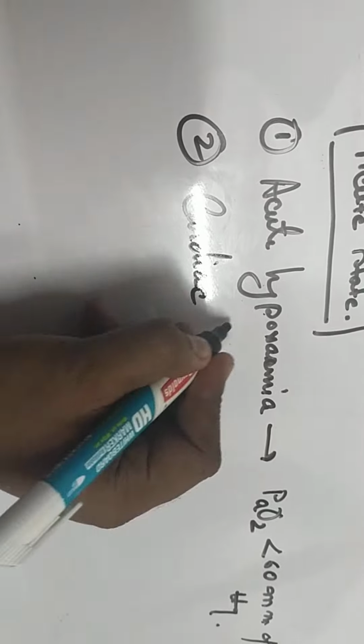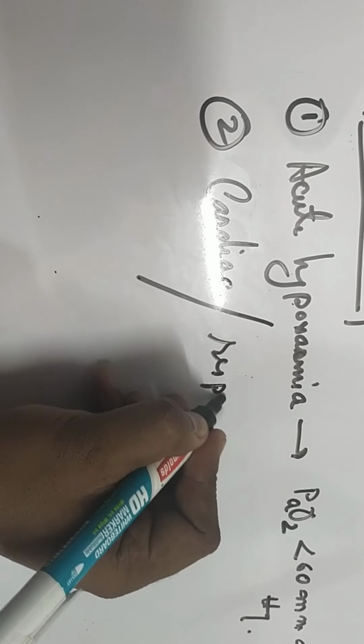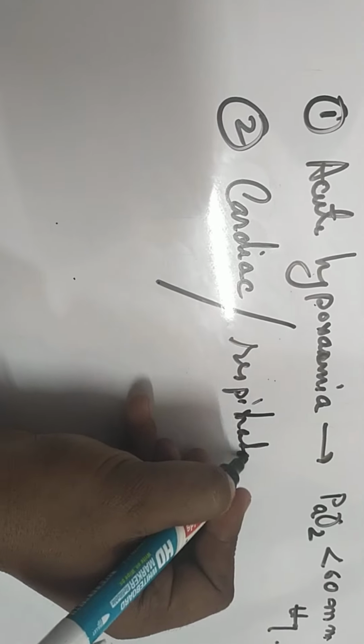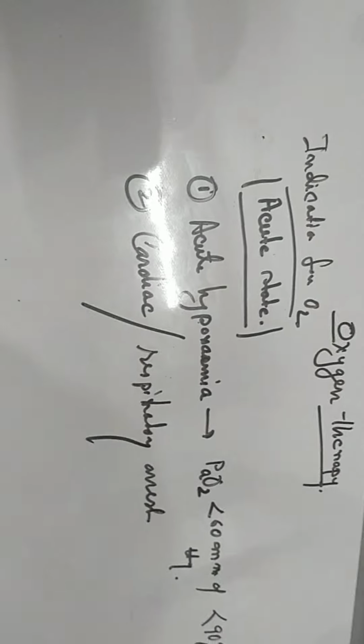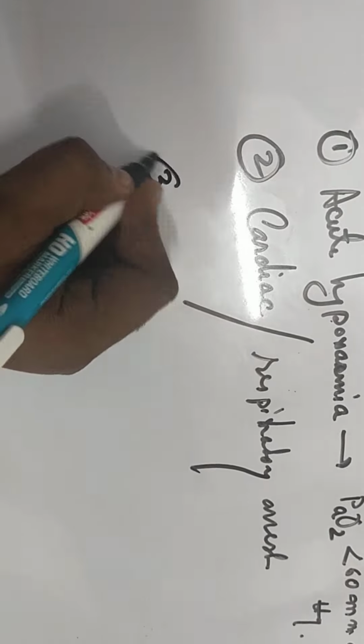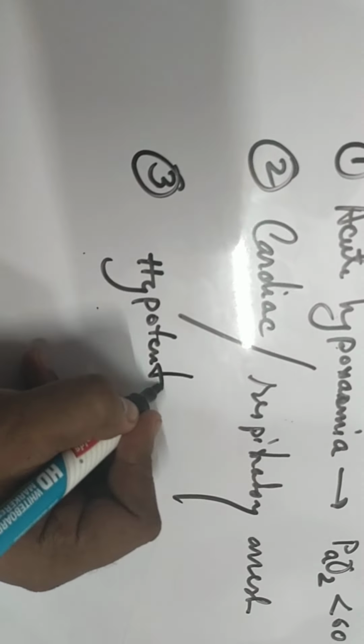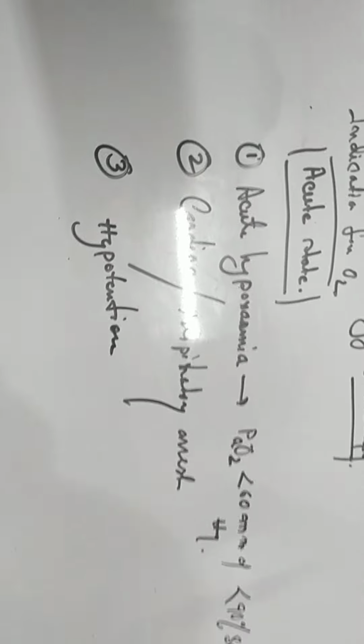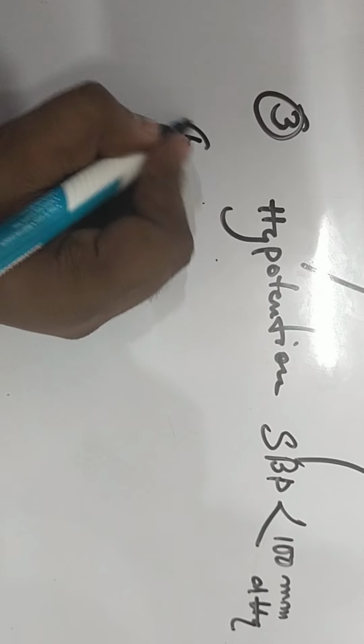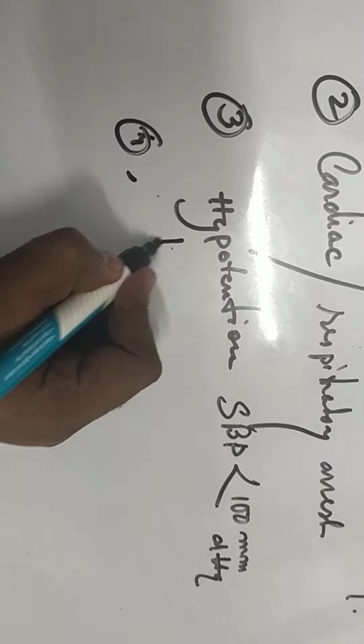Second, cardiac or respiratory arrest. Third, hypotension, SBP less than 100 millimeter of mercury. Low cardiac output.